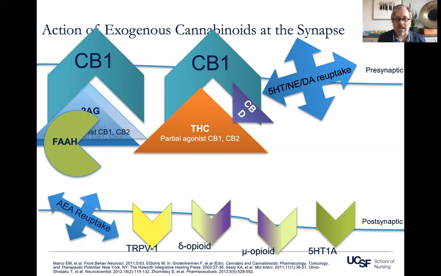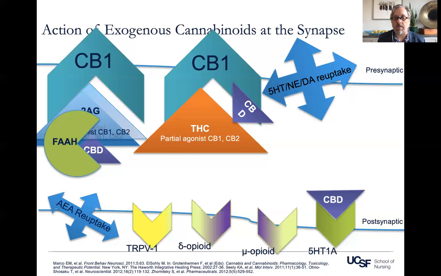Now, what about CBD? CBD is actually a negative allosteric modulator. If you recall, that is something that plugs in and influences either positively or negatively. When it's a negative allosteric modulator, it decreases the effect of THC at the CB1 receptor. But it has other effects. It works on serotonin 1A receptors. It inhibits that breakdown enzyme.